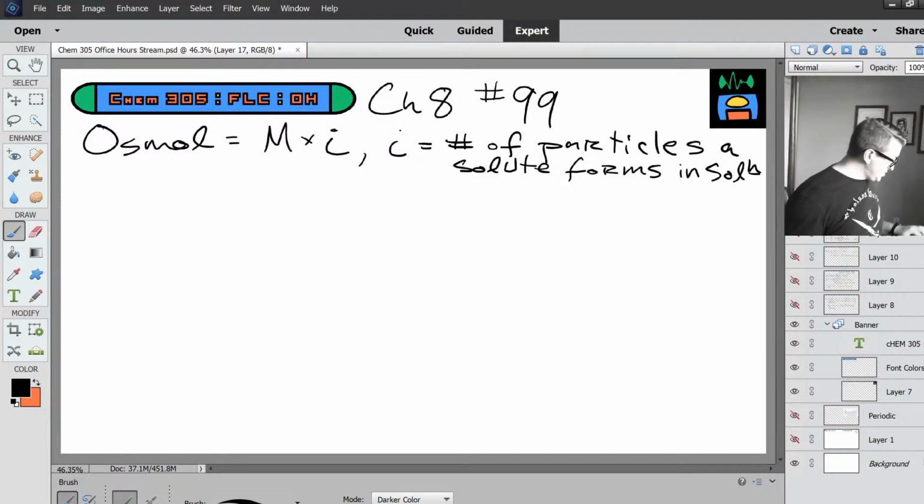Okay, so let's look at these. We have A, 2.0 molar KNO3.